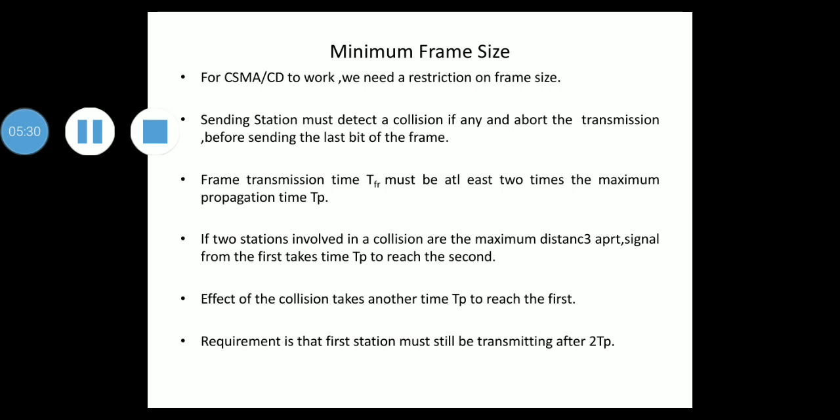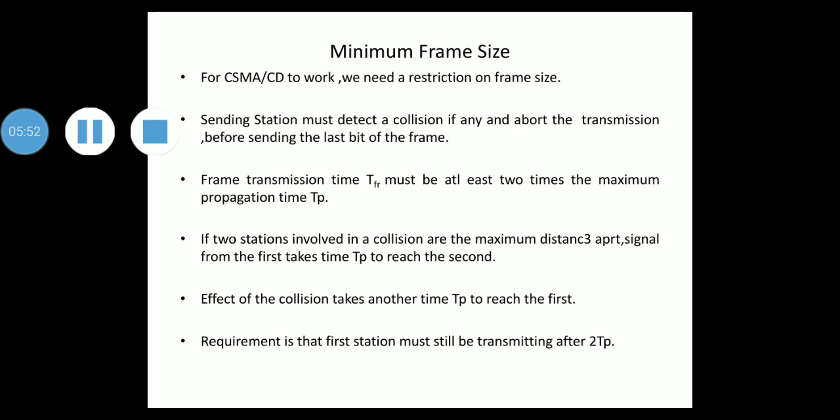This is because once the entire frame is sent, the station does not keep a copy of the frame and does not monitor the line for collision detection. Therefore, the frame transmission time TFR must be at least 2 times the maximum propagation time TP.